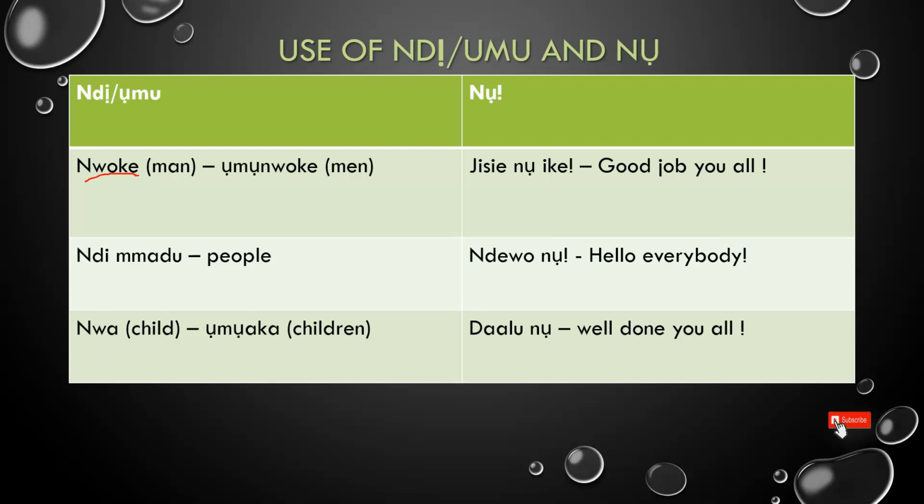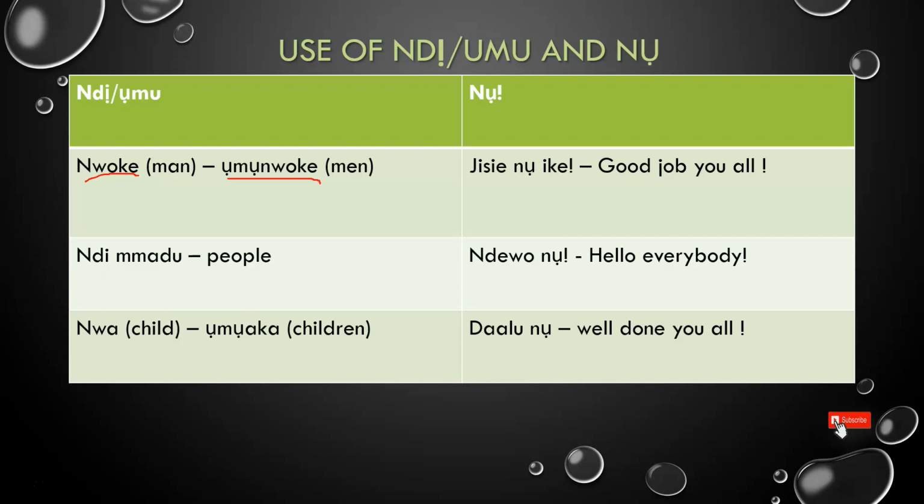It simply means man. Then when we come to men, we now say umu nwoke. They are now 2 or 3 or 4 or 5. Umu nwoke. Same goes for women, which is nwanyi, umu nwanyi.